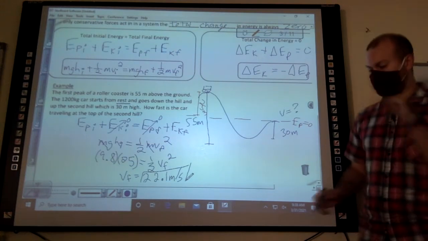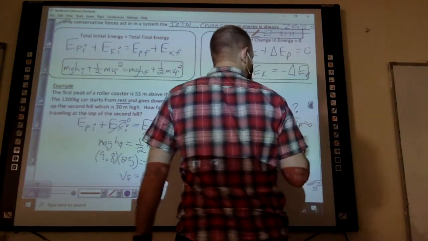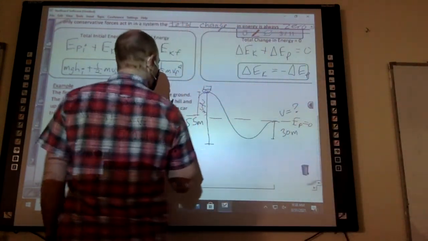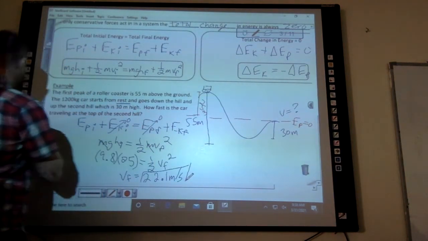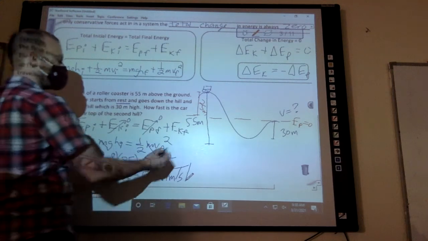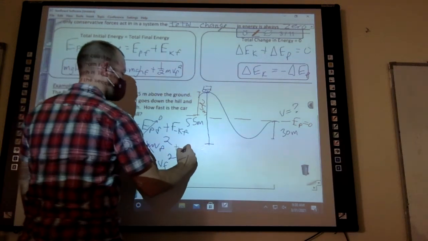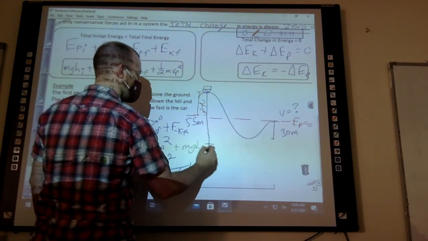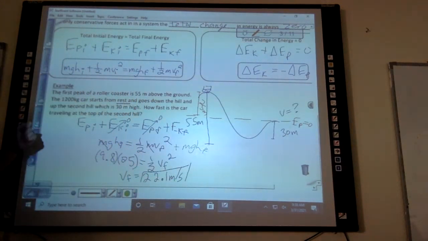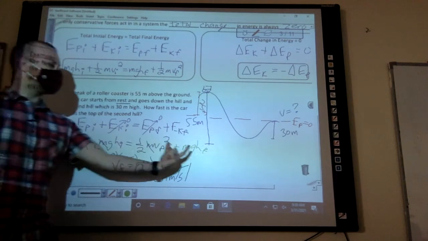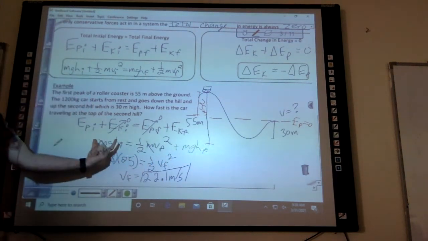Okay, so if it wasn't, that's a good question. So if I didn't cancel out EPF, we can look at how that would change this expression. So over here I'd have plus MGHF. And what I would need to do is I would need to take this and minus it on this side.